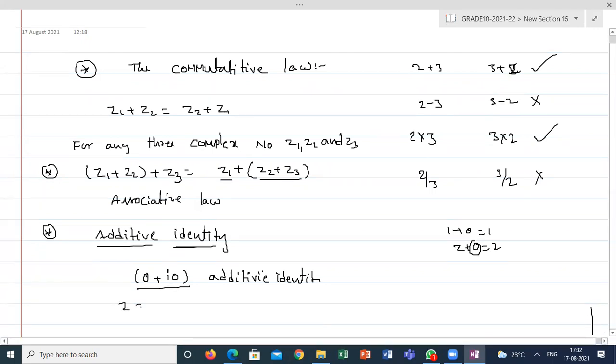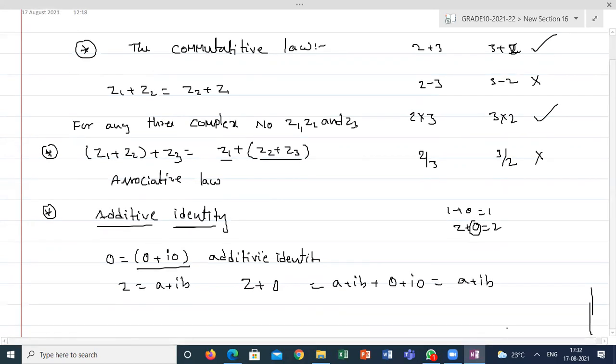Suppose I am having Z is equal to a plus ib, and I am adding Z plus O, where O is 0 plus i0. So a plus ib plus 0 plus i0 will give a plus ib. So Z plus O will give Z. So this is called additive identity. Additive identity of complex numbers exists.